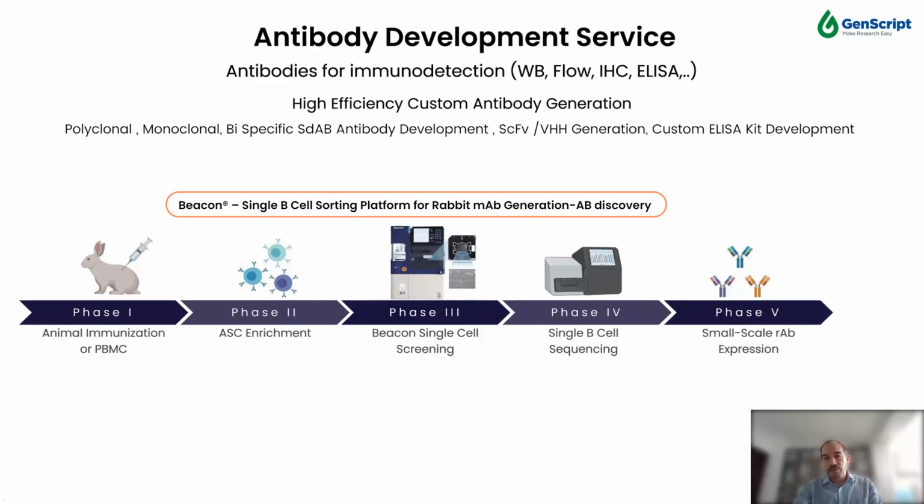Then we can proceed with sequencing of the single B cell colonies. And then we proceed with expression of these recombinant antibodies and delivery to you of certain amounts of these recombinant antibodies. So very effective systems for producing antibodies as tools for detection during target discovery.